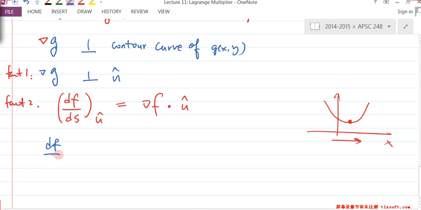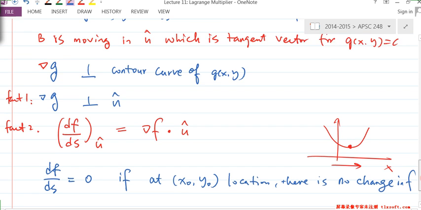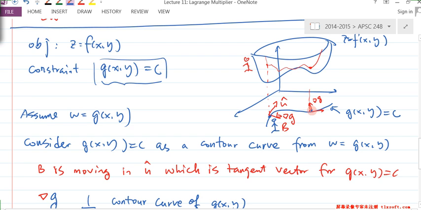So this is basically the second fact here. df over ds equals 0 if at the x naught, y naught location, there is no change in f. So maybe this is x naught, y naught. Who knows, right?